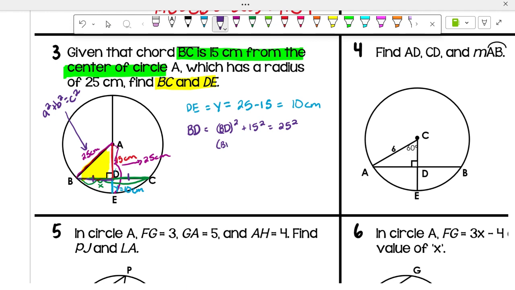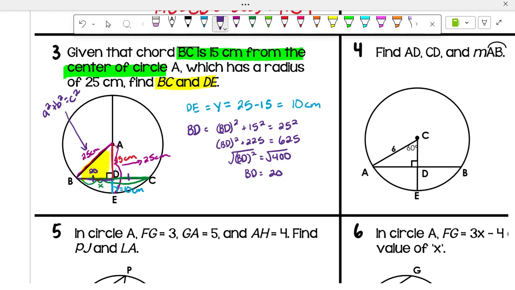So this would be BD squared plus 225 is equal to 625. So BD squared is equal to 400. And then what's the square root of 400? 20. So that means this little piece right here is 20.